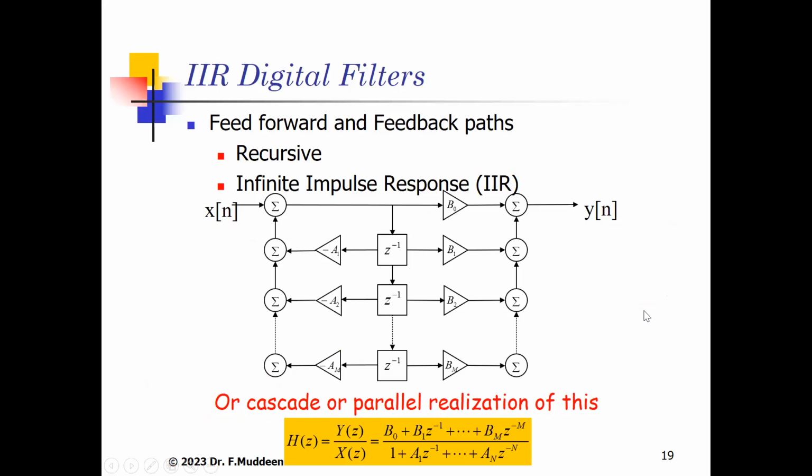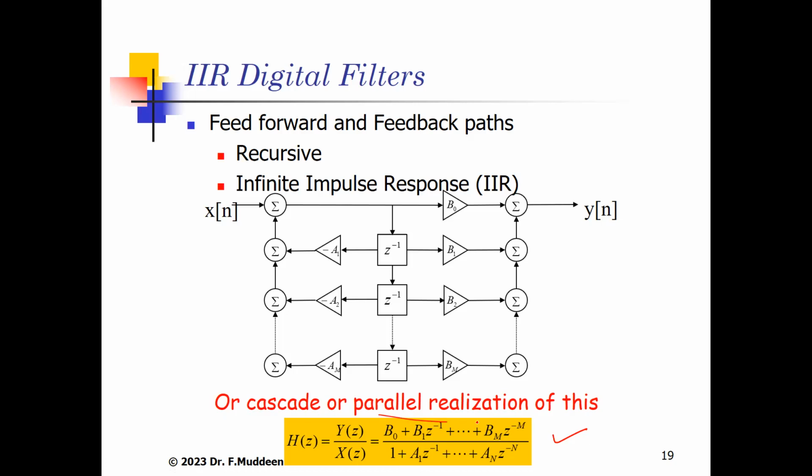And we had this some time back, that the infinite response filters therefore have both feed forward and feedback parts to them. Remember this form of it, the feed forward parts are the B coefficients here.